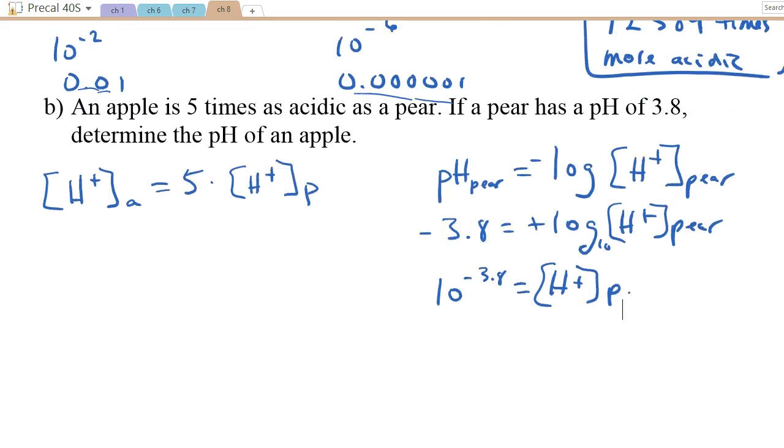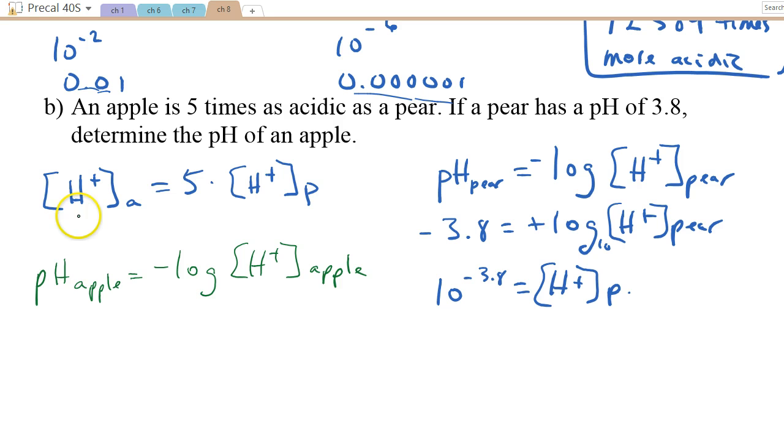Maybe I'll switch to green because I'm writing so much here. The pH of an apple is going to be equal to the negative log of the hydrogen ion concentration of an apple. And how do I figure out the hydrogen ion concentration of an apple? Well, it's pretty straightforward. I take it from this first line over here.